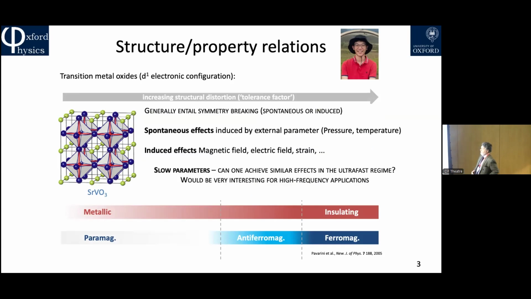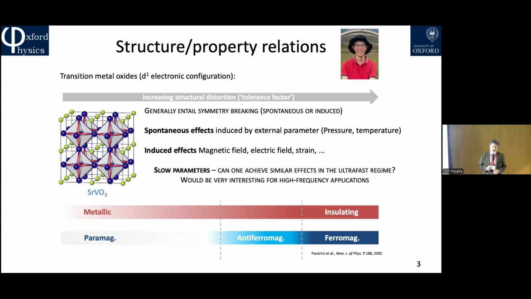Generally, many of these things entail some kind of symmetry breaking, which can be spontaneous or induced as you apply an additional parameter. You can change things by applying external pressure, changing temperature, applying a magnetic field or strain, or indeed changing composition. All of these are slow parameters: you can change them on the laboratory time scale, but at relatively slow speeds.